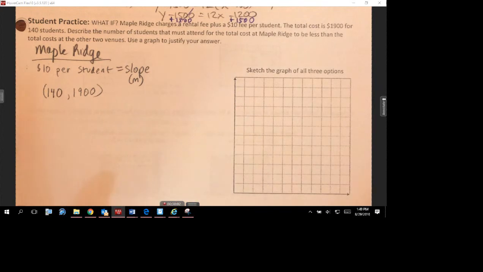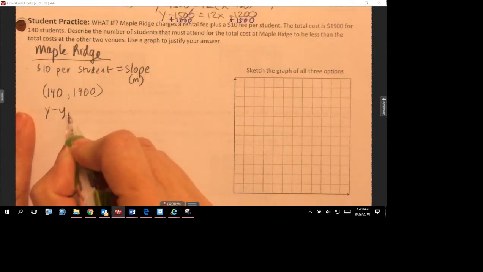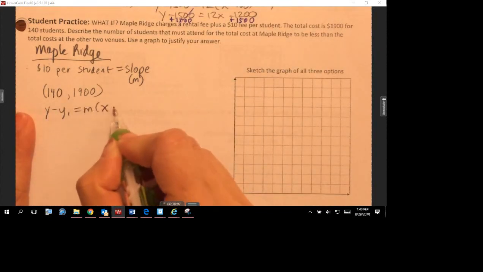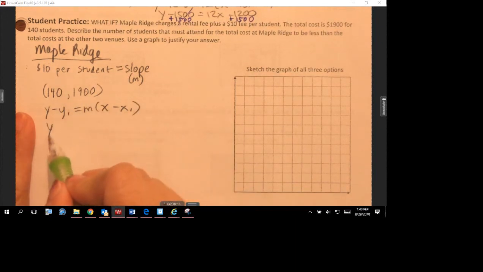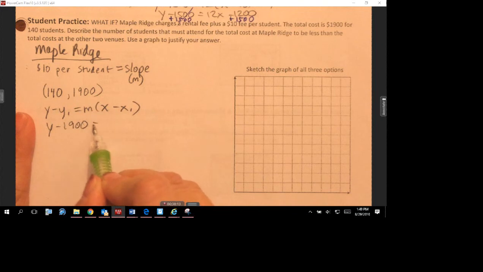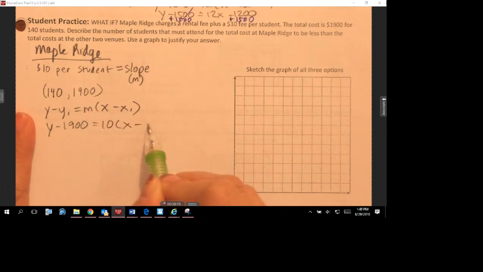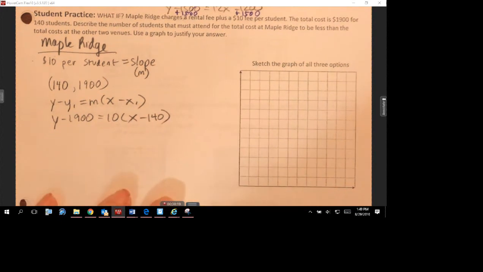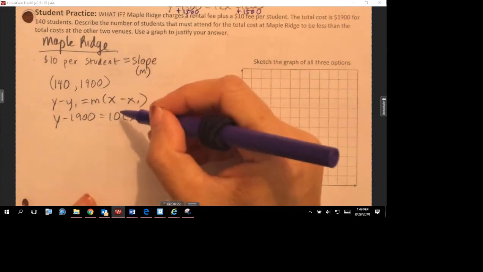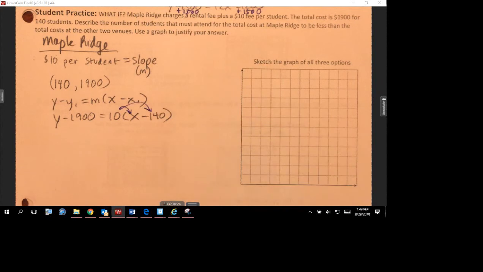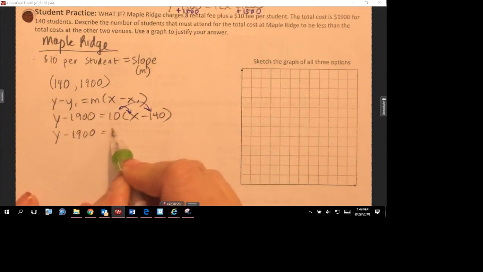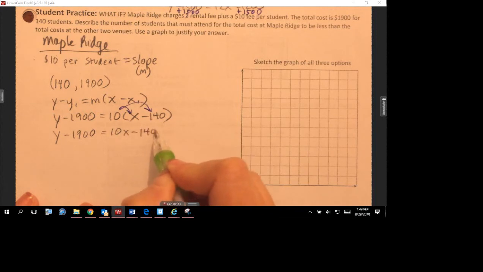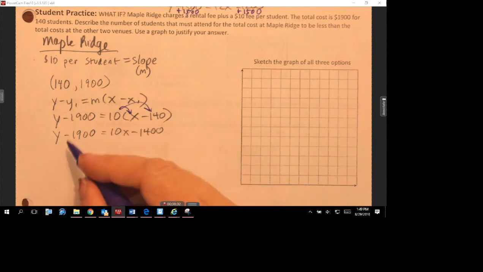Point slope form. y minus y1 equals m times x minus x1, because I have a point and the slope. y minus 1,900 equals 10 times x minus 140. And we'll distribute. And then I'll add 1,900.